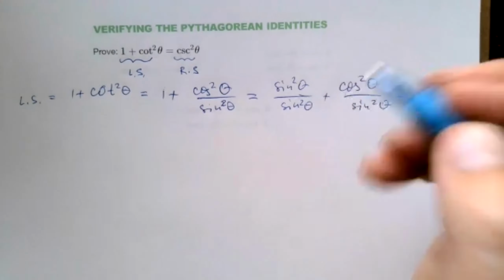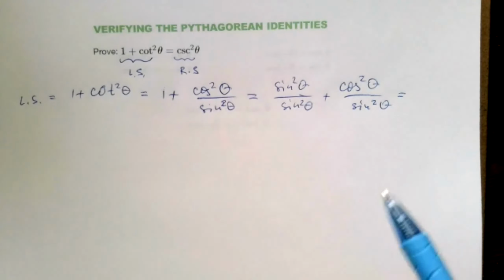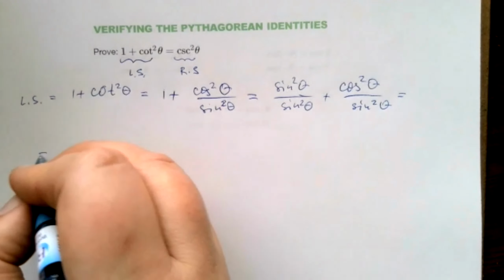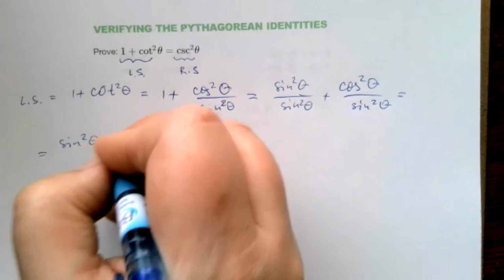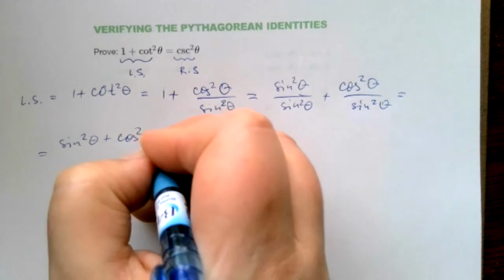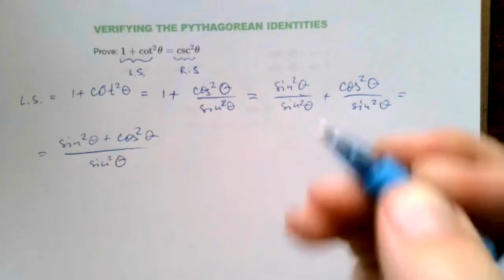Okay. Now combining the numerator and keeping the denominator, I'm going to get sine squared theta plus cosine squared theta over sine squared theta.